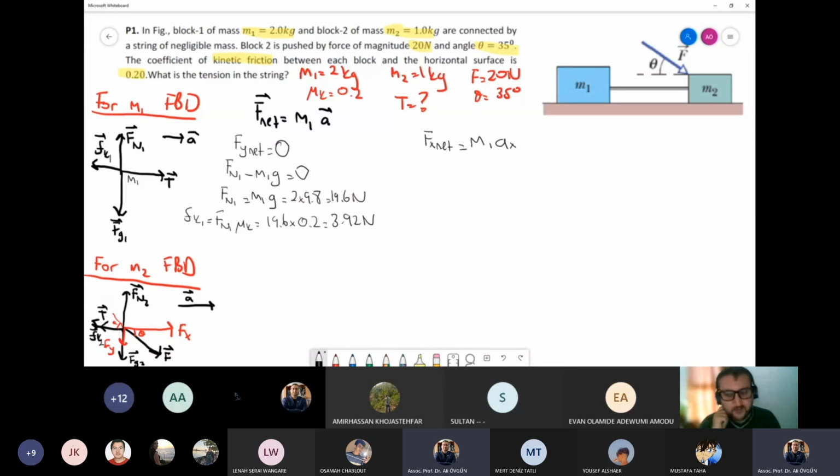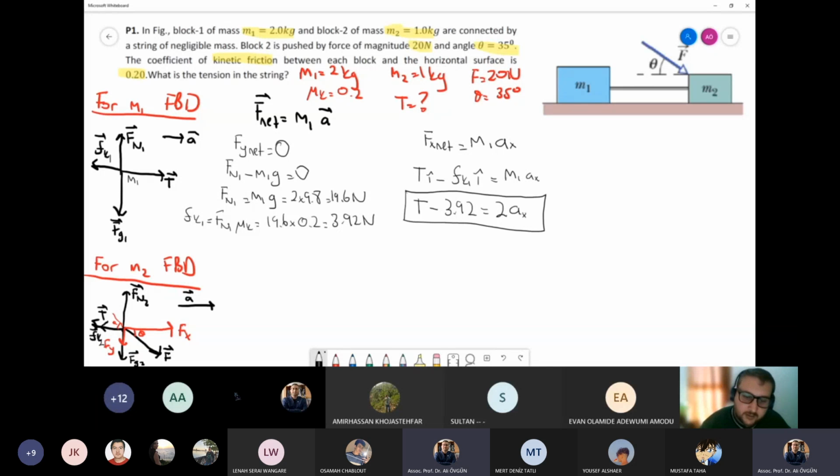The forces are T i hat minus Fk1 i hat equal to M1 ax. What is T? You don't know. Fk1 we found, so T minus 3.92 equals M1, which is 2 ax. This will be your first equation.